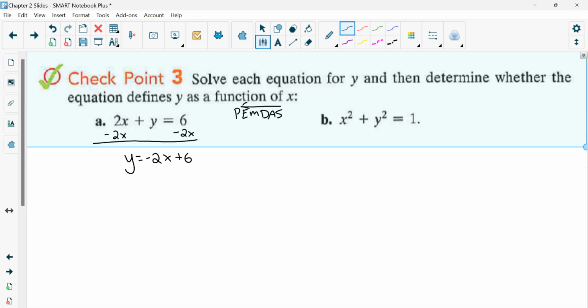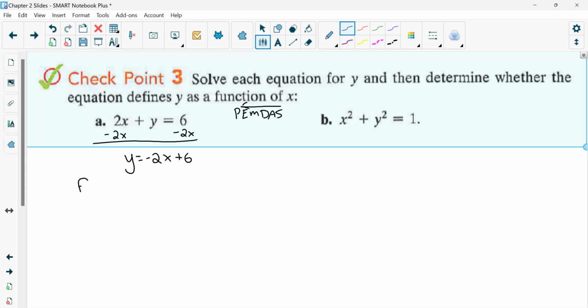No matter what I plug in for x, how many y's am I going to get out? Just one, right? If I plug 0 in, negative 2 times 0 is 0, plus 6 is 6, one y. If I plug 10 in, negative 2 times 10 is negative 20, plus 6 is negative 14. I get one y value out.